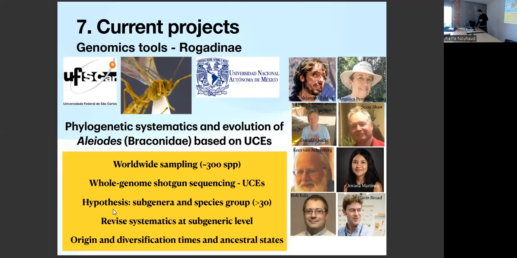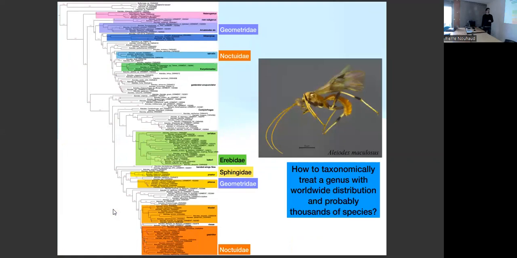So we have some preliminary results, and we found several species groups that are really neat monophyletic groups that you can identify morphologically, and you can see that they are related with one family of Lepidoptera. So this is really interesting.